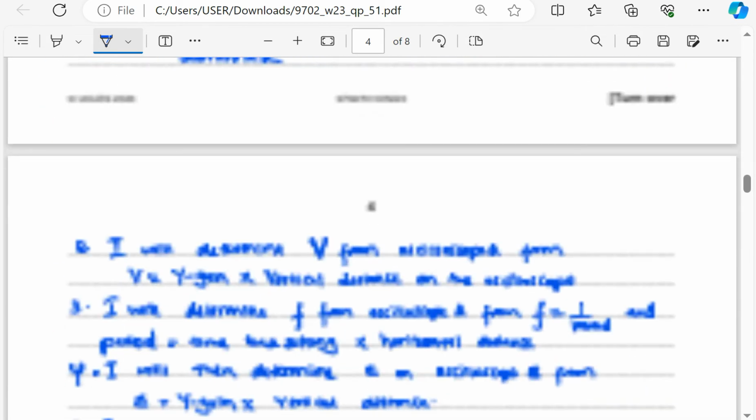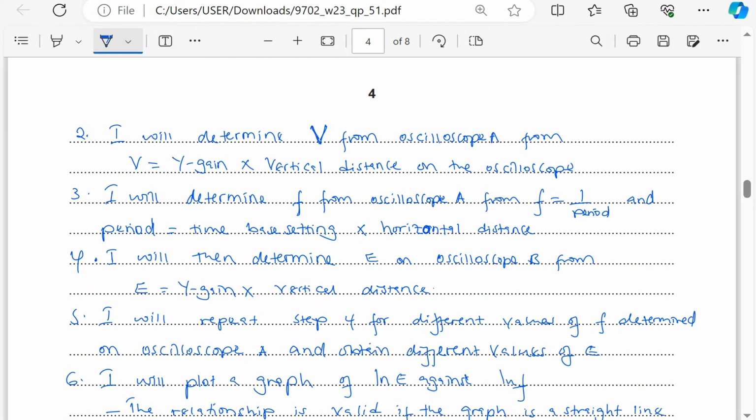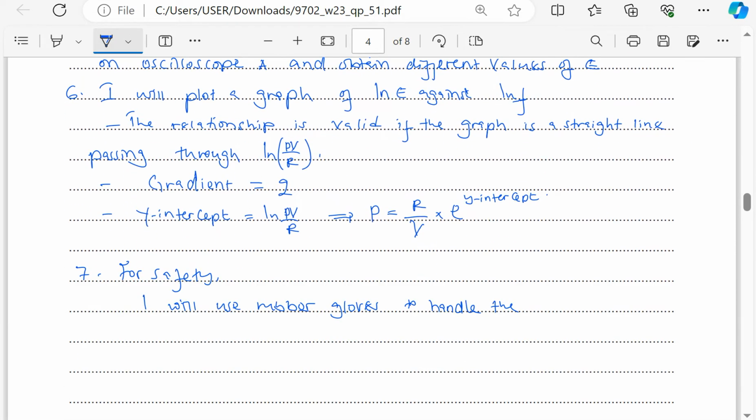No, coil C. So for safety, I will use rubber gloves to handle the hot coil and resistor so as to prevent burns.